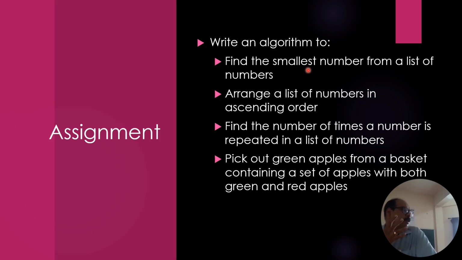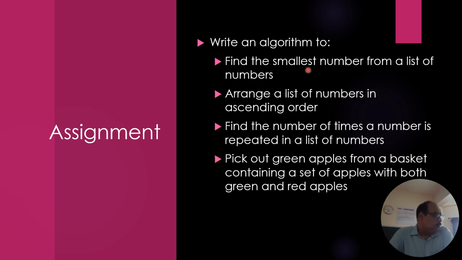The list of numbers should be arranged in ascending order. You should write an algorithm. For all these things, algorithm should be written, okay? All the first step, second step, third step, and so on. So you have to arrange it in ascending order from a list of random numbers.